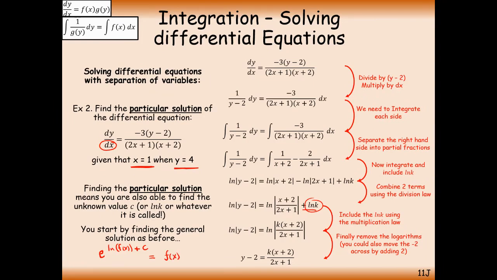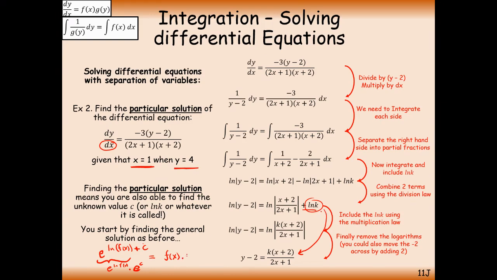But this addition in the exponent means that e to the power of log of f of x is multiplied by e to the power of c. Therefore, what was addition in this line here is now multiplication in the final line here.